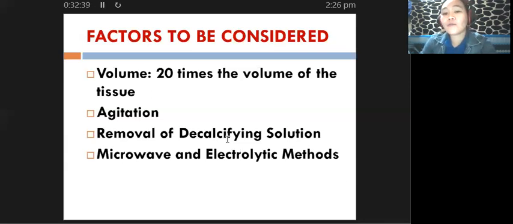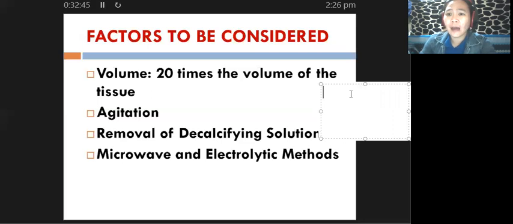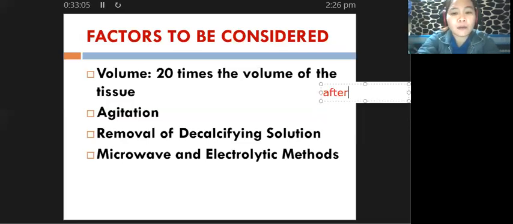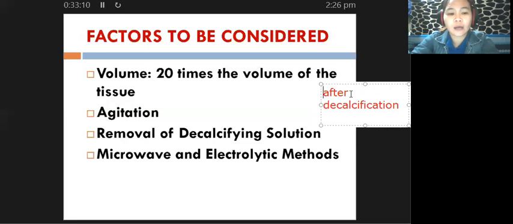The removal is performed in one of two instances, or if you really want to ensure that your decalcifying solution is completely removed, you can perform it twice. It can be performed after decalcification, or you can also perform it prior to staining.